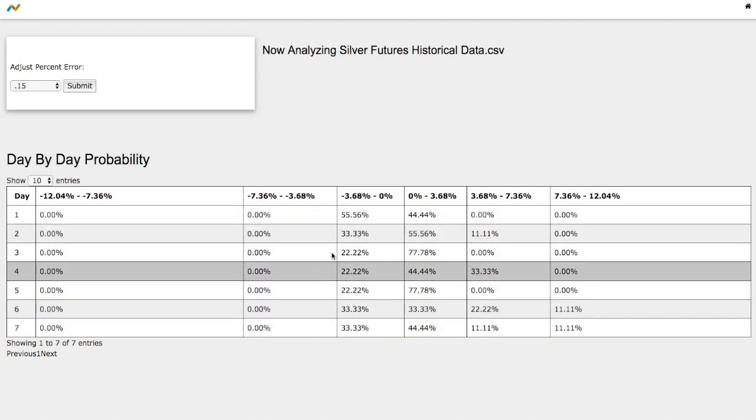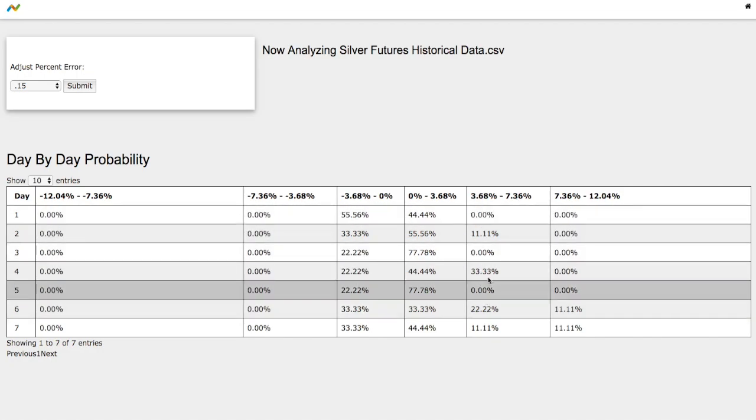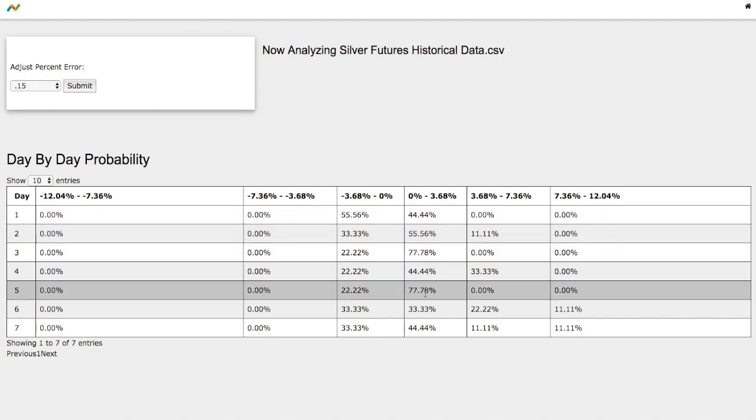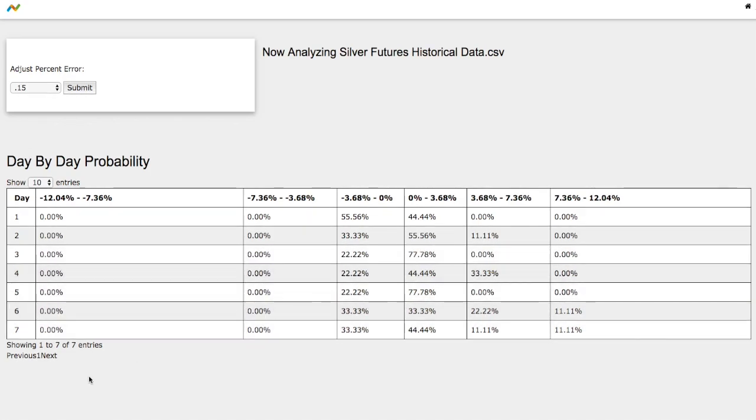However, on the other side, to the upside, we see a more favorable possibility. We may hit 3 to 7% several times in several days, and even the extreme case of 7 to 12%. Overall, it's most likely favoring the upside compared to the downside.